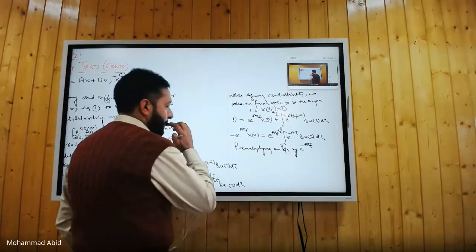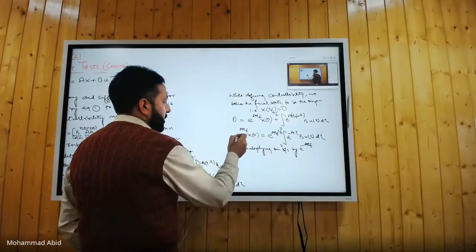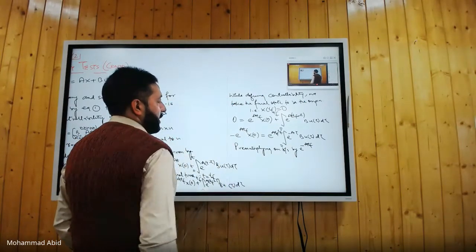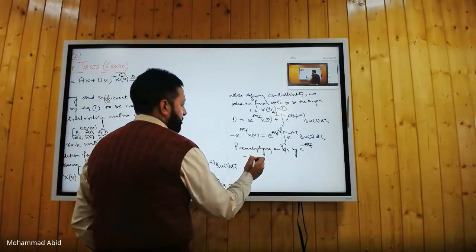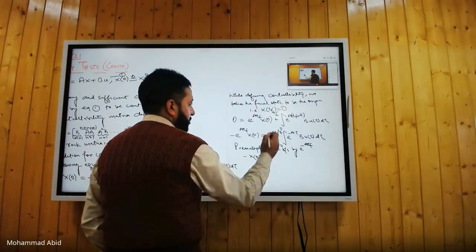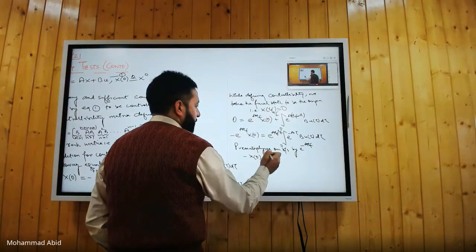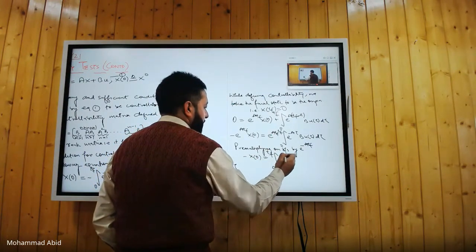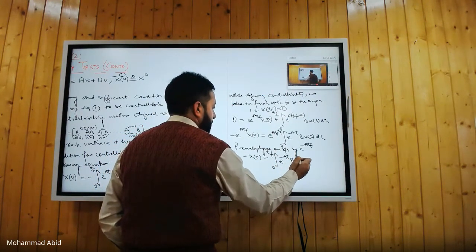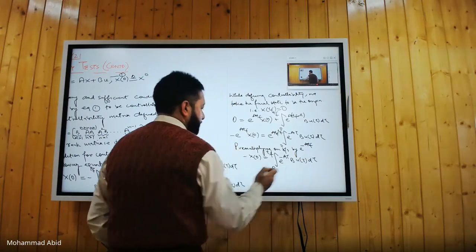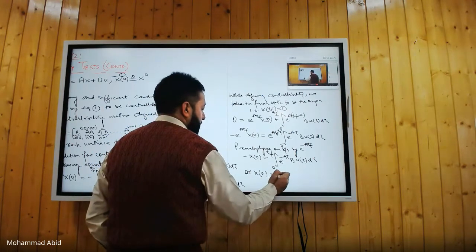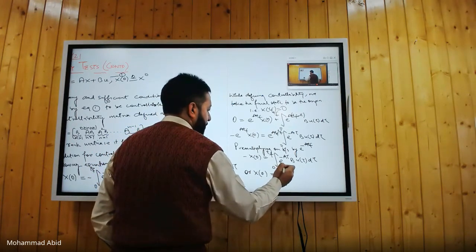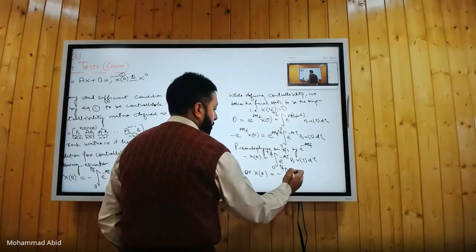What do I get? This becomes e to the power 0, that's I, so this becomes minus x naught equal to the integral from 0 to tf of e to the power minus A tau B u(tau) d tau, or x0 is equal to minus integral from 0 to tf of e to the power.